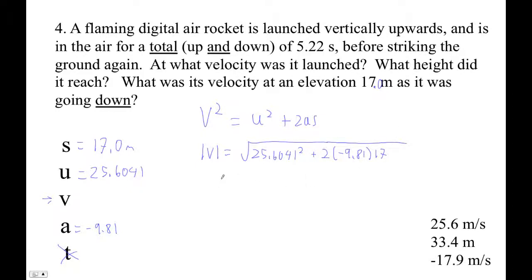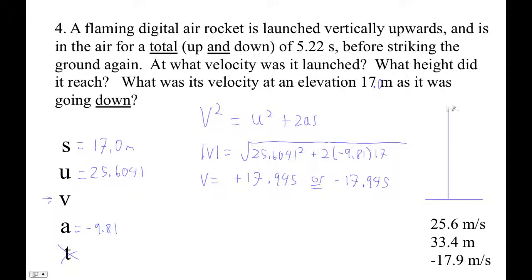Let me grab that on my calculator. The result is 17.945, so the velocity is positive 17.945 or negative 17.945. Now we've got to think about this.